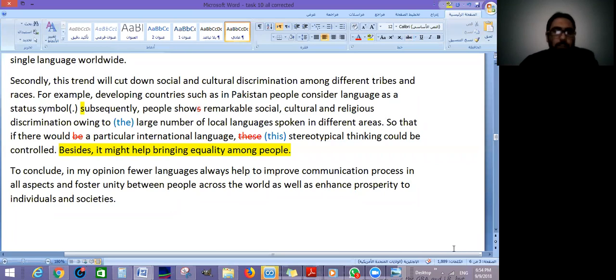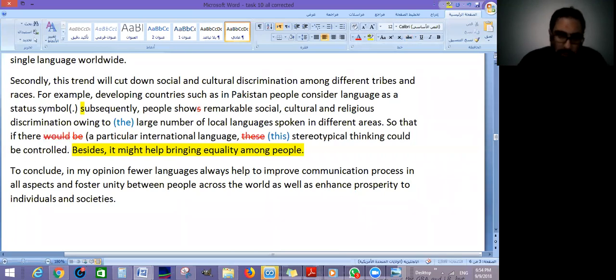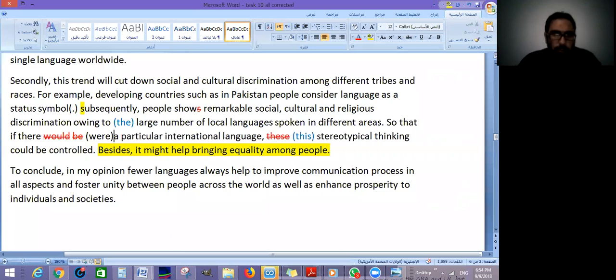Okay, so here she's saying that if there were, maybe we could imagine that there's one. So maybe we could say something like, if there were a particular international language, this stereotypical thinking could be controlled.